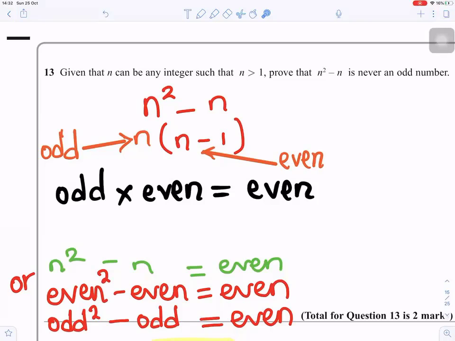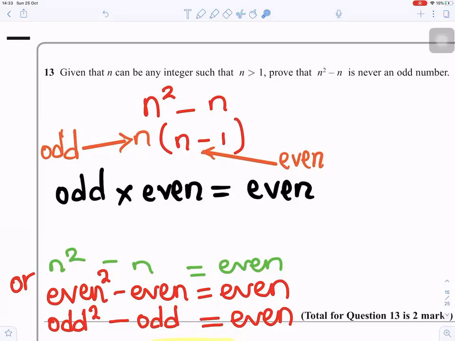So if n is an odd number, n minus 1 will be an even number. So whenever you multiply an odd number times an even number, you get an even number. The other way around, if n is an even number, n minus 1 will be an odd number, and whenever you multiply an odd number and an even number, you get an even number. That's one way of doing it.